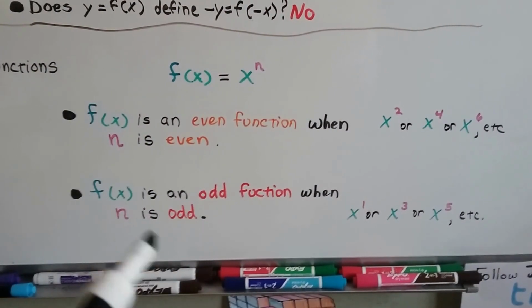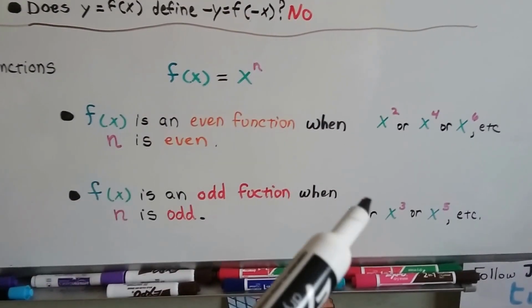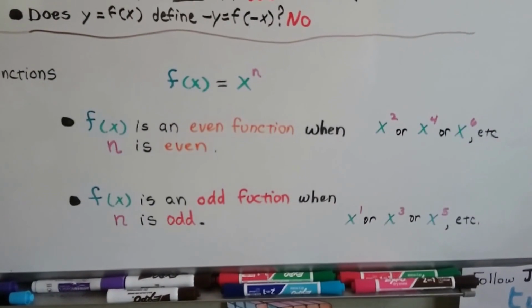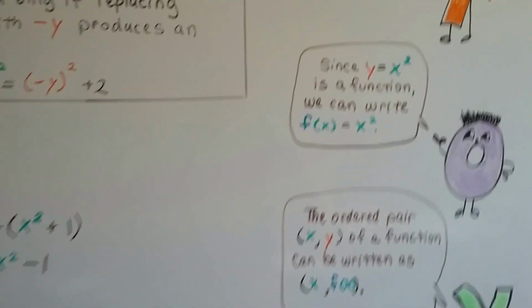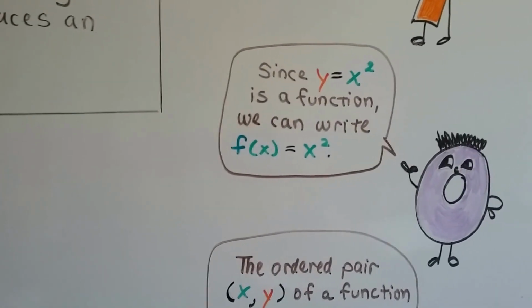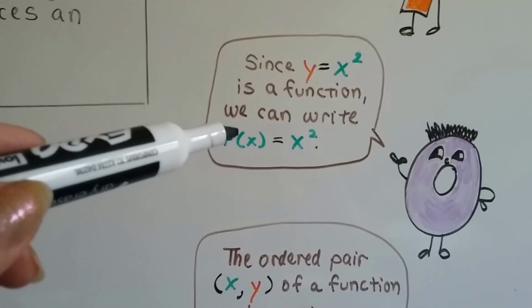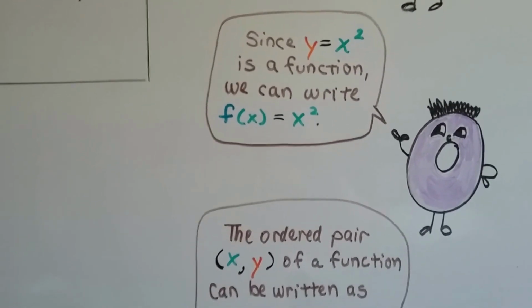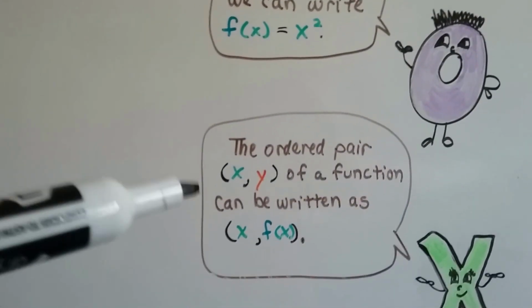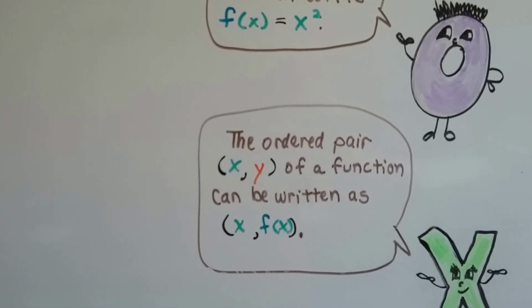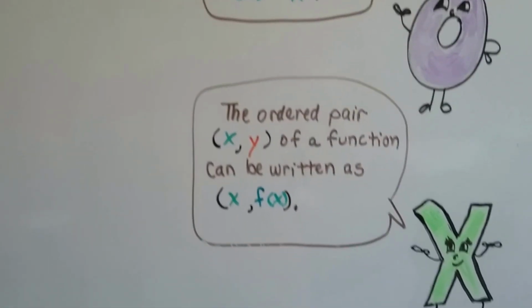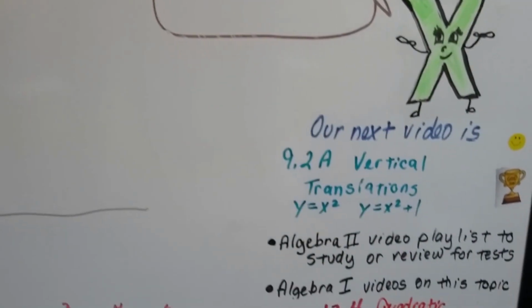And it's an odd function when that little n is odd, like a 1, a 3, a 5, 7, 9, etc. Okay? So, since y equals x squared is a function, we can write it as the function of x equals x squared. And the ordered pair for x and y of a function can be written as x and the function of x.